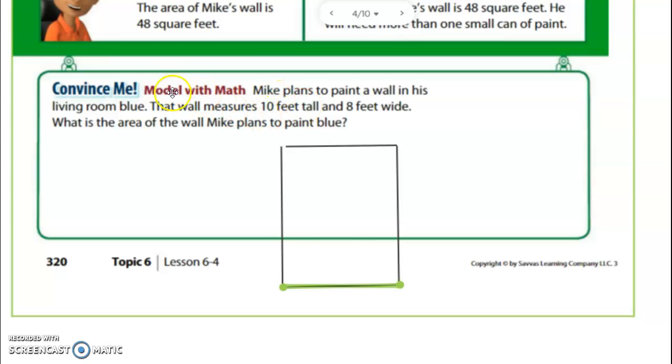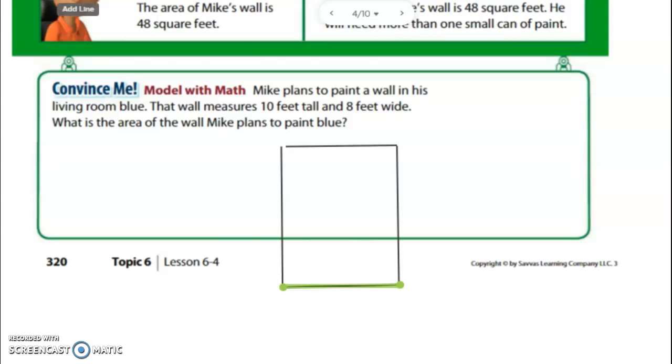And it tells us that it is 10 feet tall. Tall is another way of saying the height. So it is 10 feet tall and 8 feet wide. Wide is another way to say width.